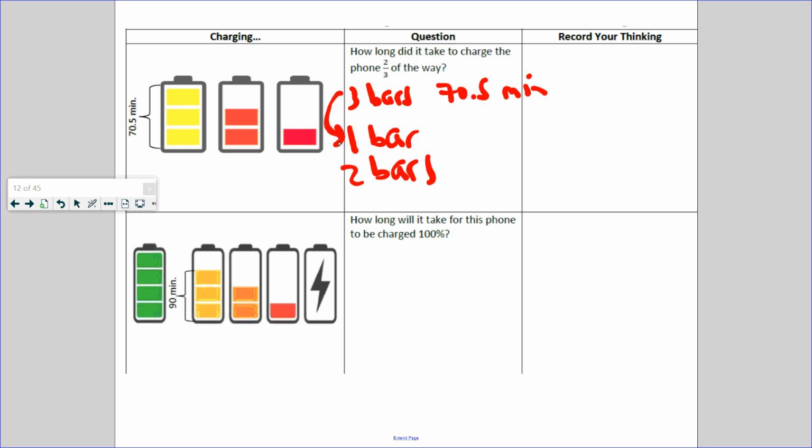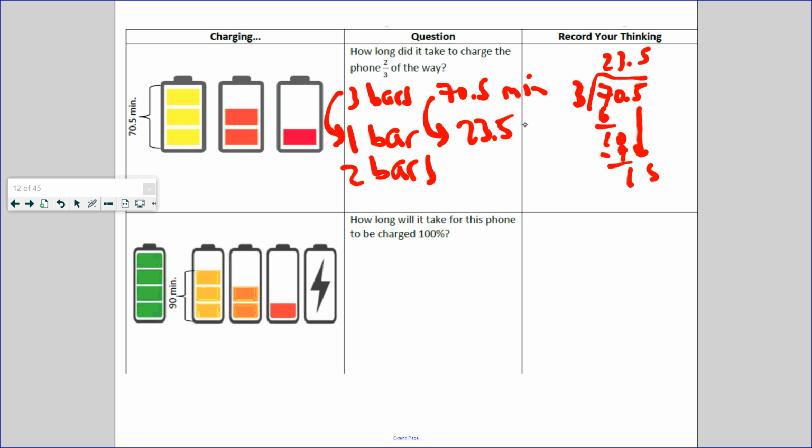What's the relationship between 3 bars to 1 bar? Divide by 3. So I need to break up the 70.5 minutes into 3 equal groups. 3 goes in 7 2 times. 3 goes in 10 3 times. Bring down the 5. 3 goes in 15 5 times. So each bar represents 23.5 minutes.